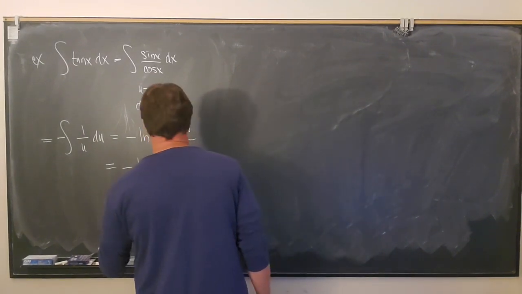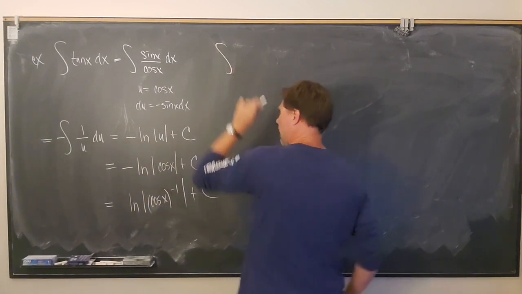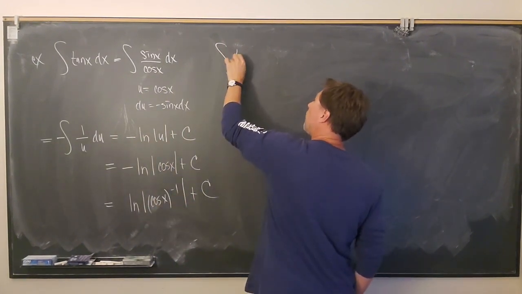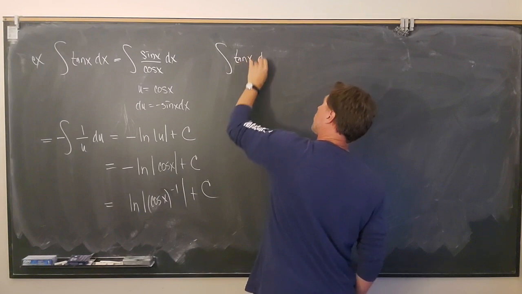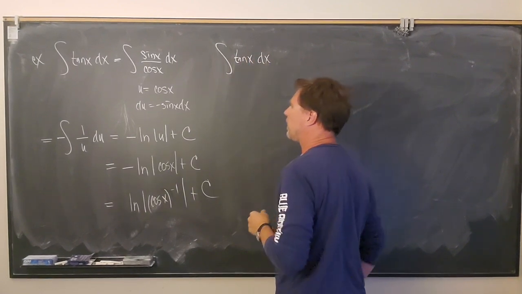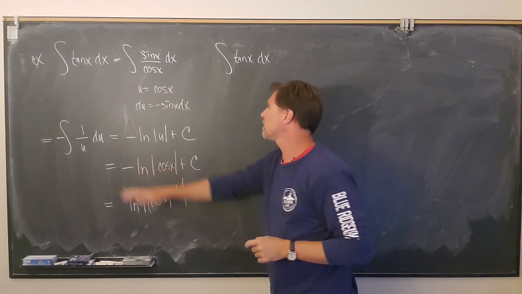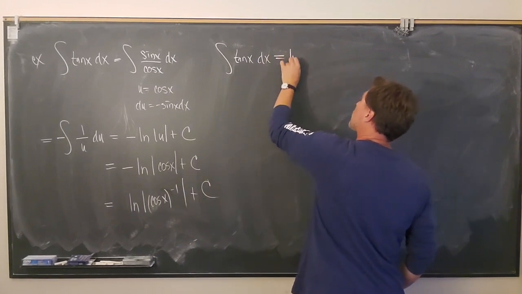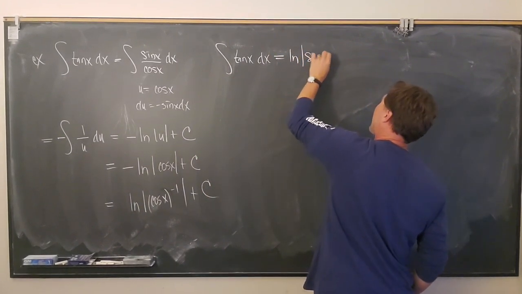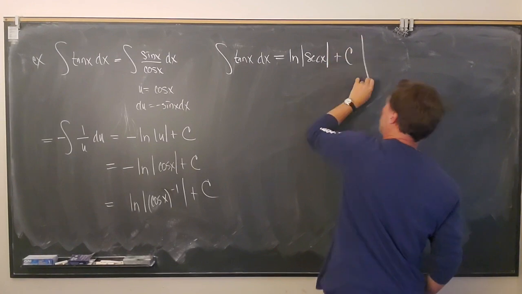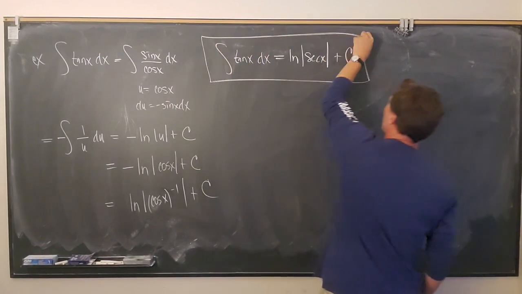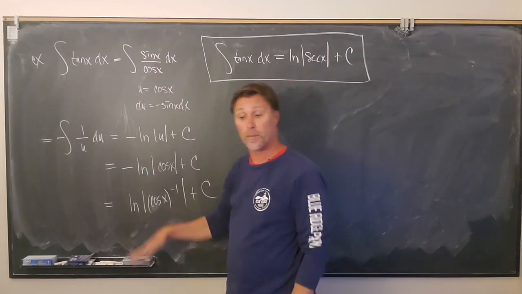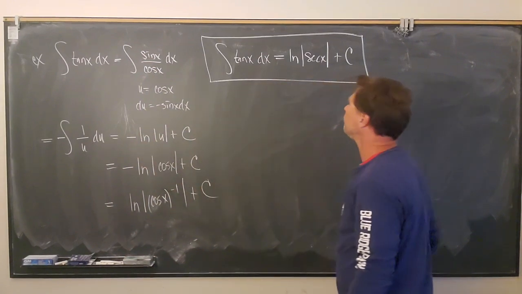So typically, the way the formula for the integral of tangent is written, to get rid of these minus signs, you can rewrite this as natural log absolute value secant x plus c. So that's the way you want to memorize that formula. You should understand how this formula comes about, but that's the formula.